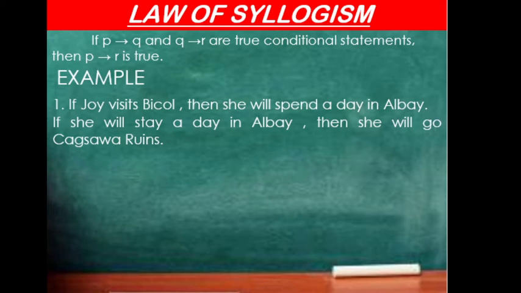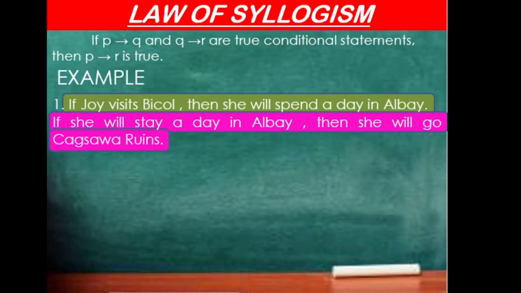So, dito meron tayong dalawang conditional statement or dalawang if-then statement. So, ang unang conditional statement, ito yung tinatawag natin na major premise at ang pangalawa namang statement ay ang minor premise.